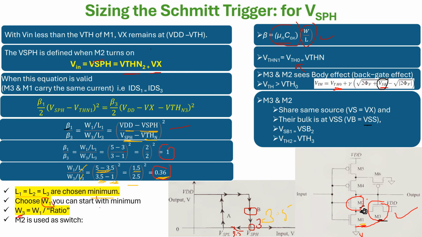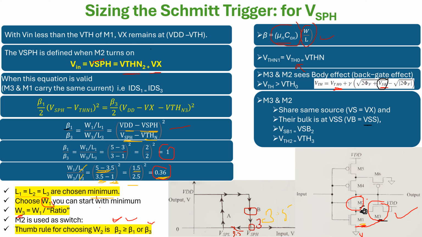Now it's simple. The actual threshold is defined by the M1 and M3 ratio, remember? So M2 is used as a switch. Don't bother much here, just use a thumb rule for W2, because it is a switch: use beta 2 greater than or equal to beta 1, or sometimes, if beta 3 is bigger, use bigger than beta 3.